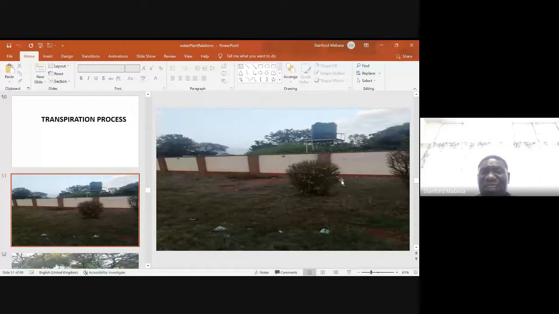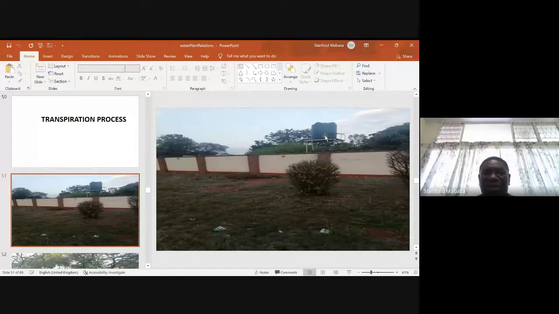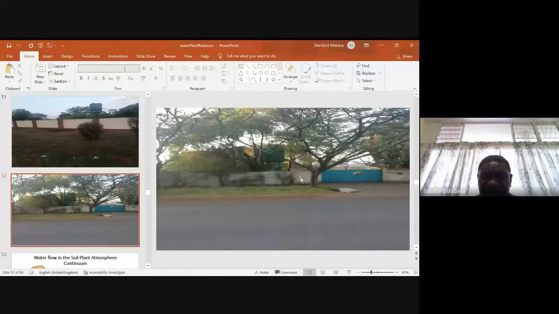Please note, I am not saying that if you pump water from a bore and put it into a tank, it becomes a transpiration. No. I'm just going to explain that the transpiration process is more or less similar to what we do when we pump water from our bores into the tanks. Here again, I've got a background where we've got this big tree, which is pumping water from the soil into the atmosphere.